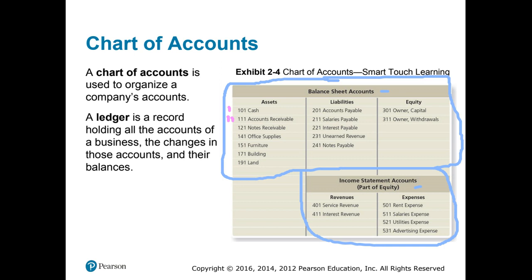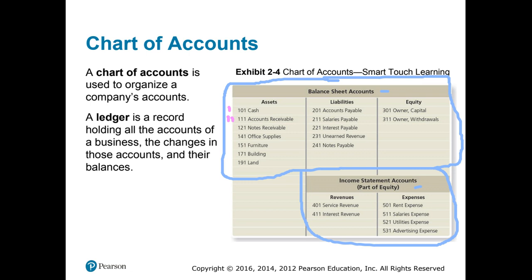It is important that you list your accounts in order of liquidity. Some accounts are kind of tricky, and it can be hard to say which one might be more liquid than the other. But cash is cash, so it's always going to be the first one. Cash is listed first on your assets.